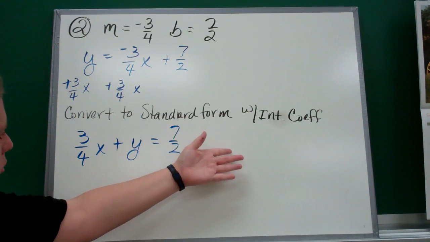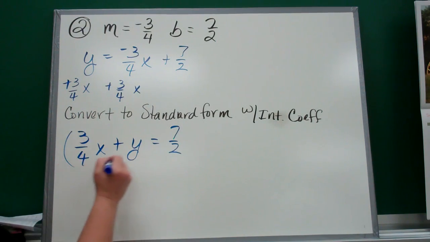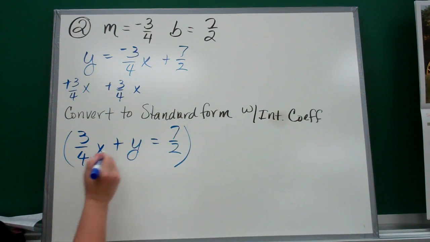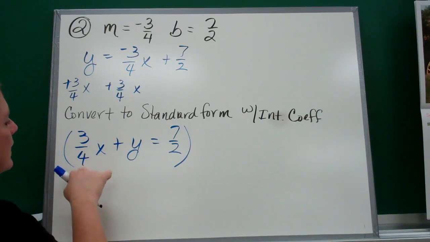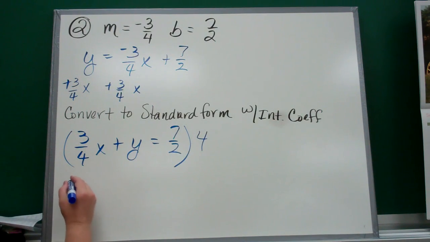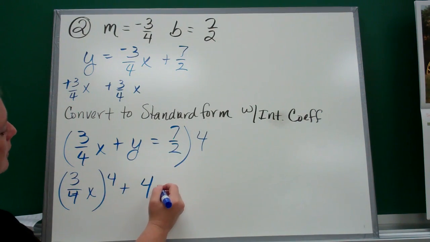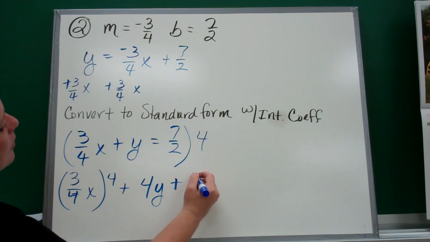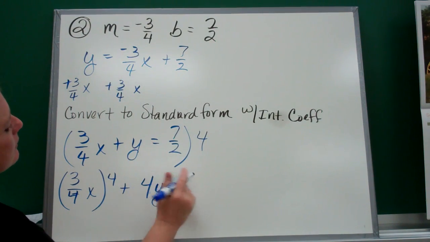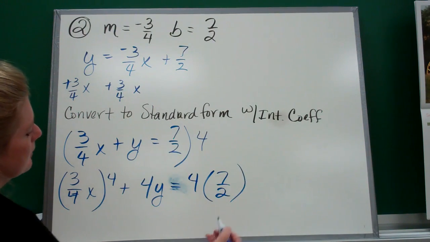Now, to make integer coefficients, what do we do to get rid of fractions? You multiply everything by the least common denominator, which would be 4 in this case. So 3/4 times 4, if we want to look at it in steps, 3/4 x times 4 plus 4 times y equals 4 times 7/2.